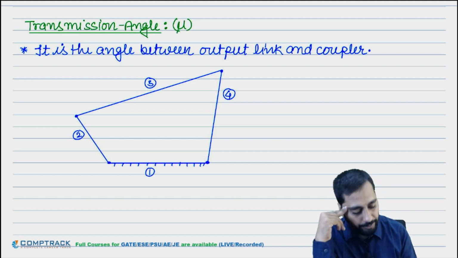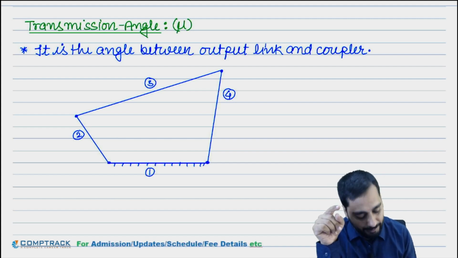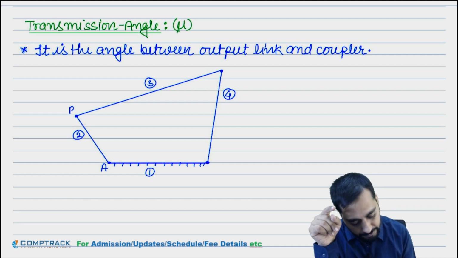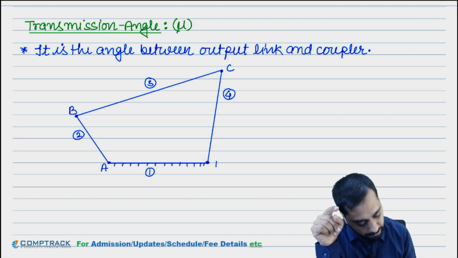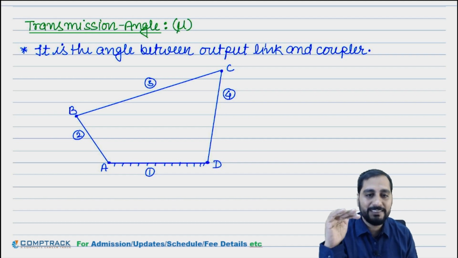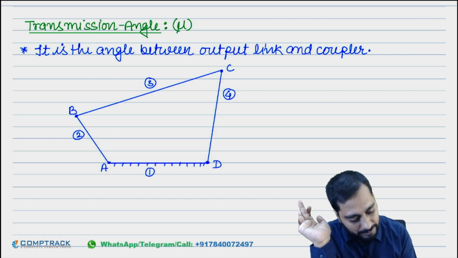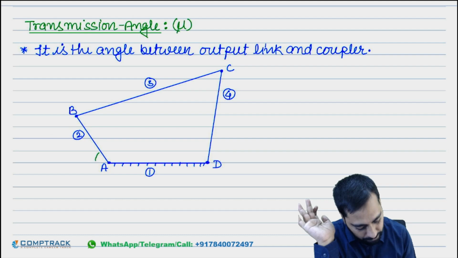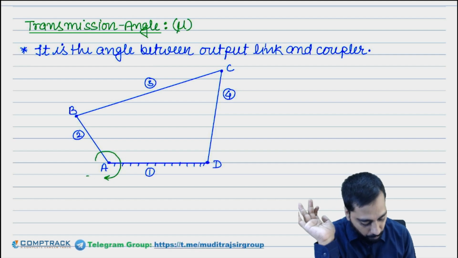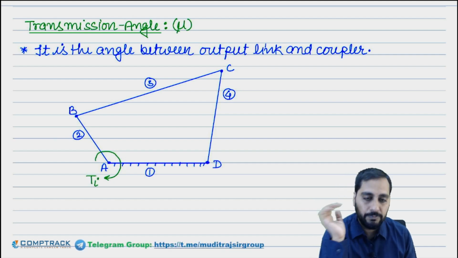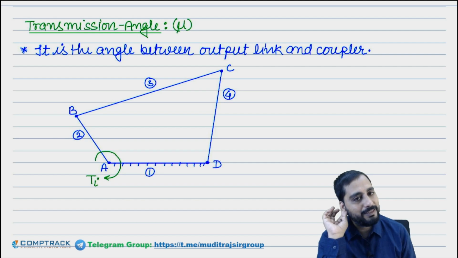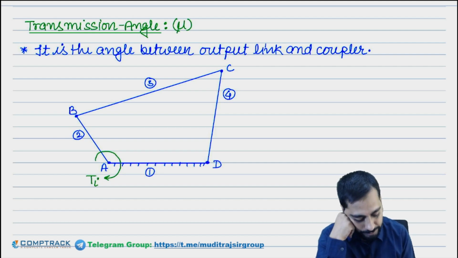Here I am giving the names A, B, C and D. Link 2 is our input link. We will provide torque here at the input link.